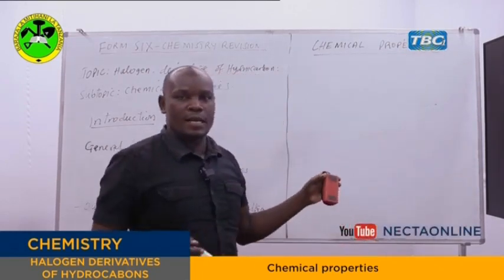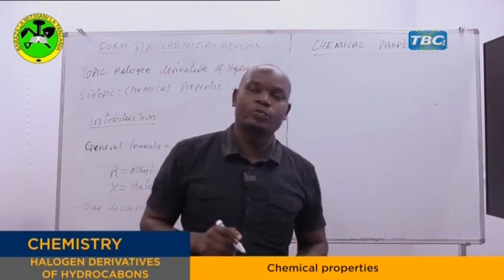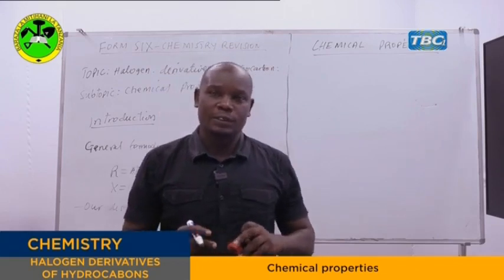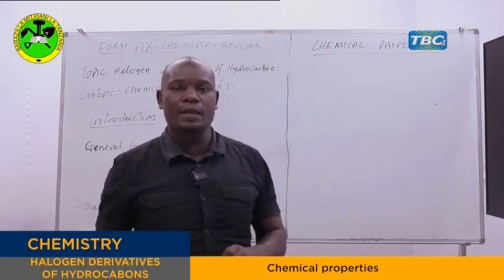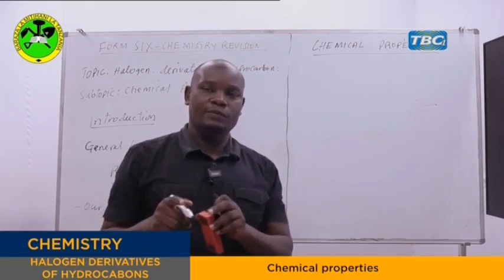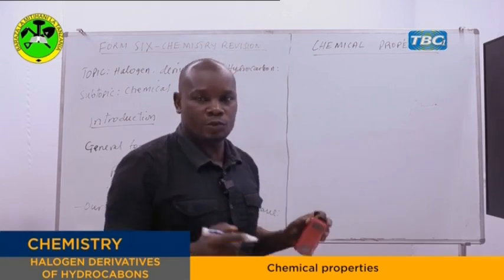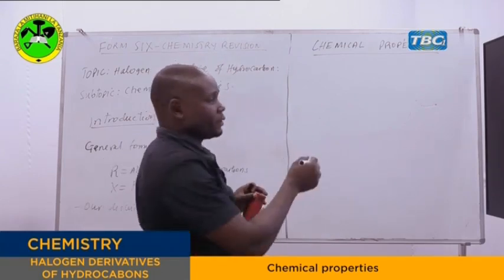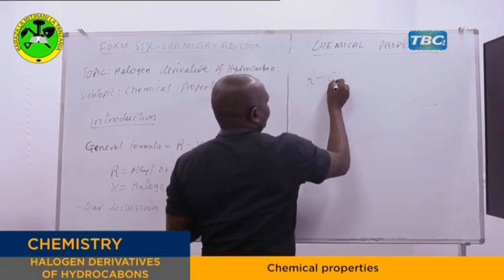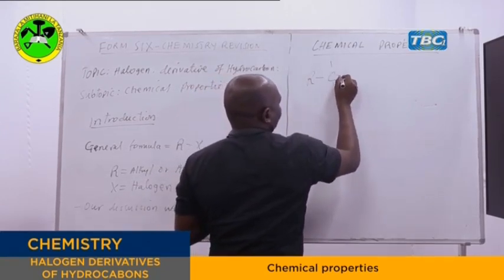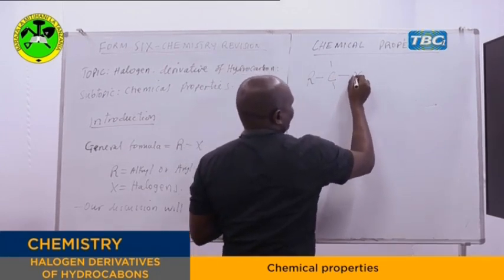Normally, haloalkanes are more reactive than their corresponding alkanes due to the presence of a halogen that withdraws electrons away from carbon, making the halogen partially negatively charged and leaving the carbon partially positively charged. So consider the general structure of a haloalkane.